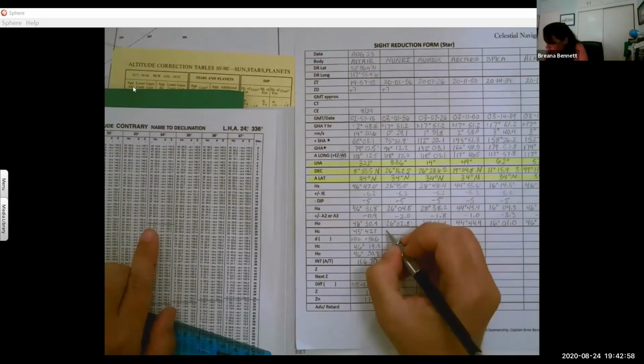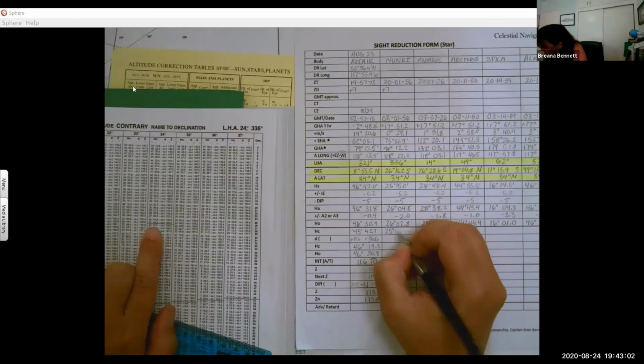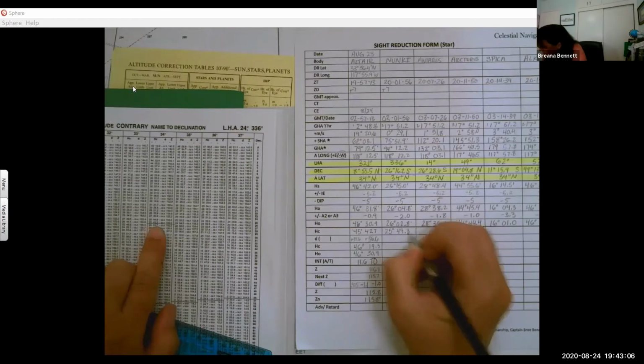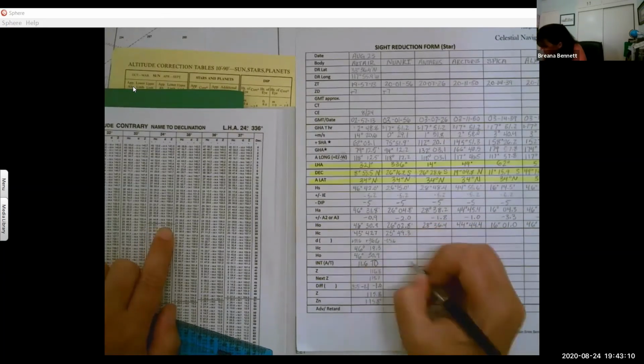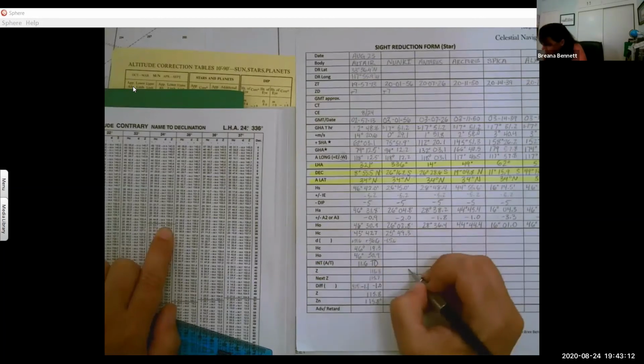And we have an HC of 25 degrees, 49.3 minus 55.6. Z is 156.0 and 156.5.